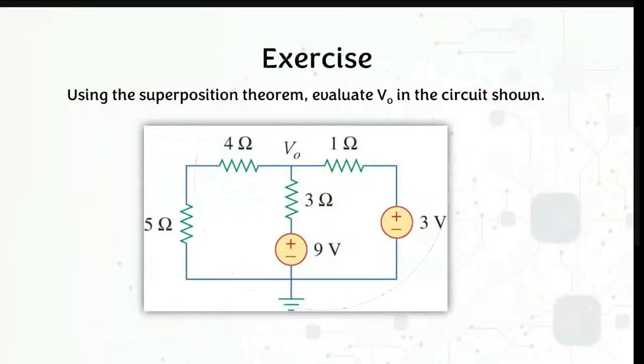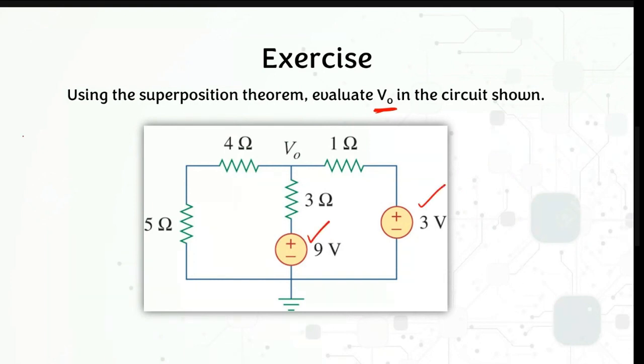So we have another example for the superposition theorem. This question asks you to evaluate V naught. The same step applies: just look at how many sources you have. Here you have 2 sources, the 9 volt and the 3 volt source.